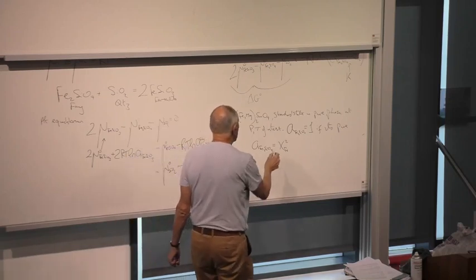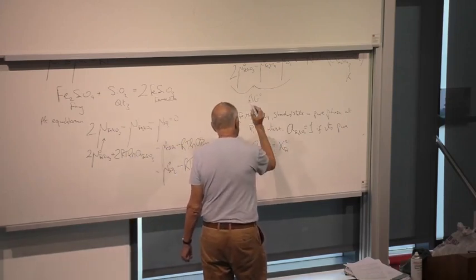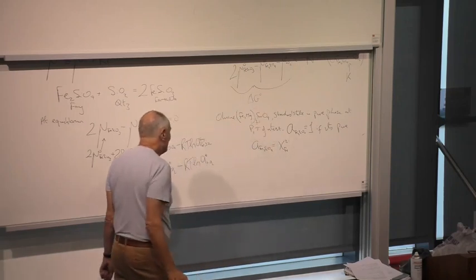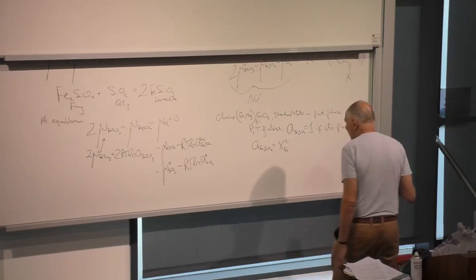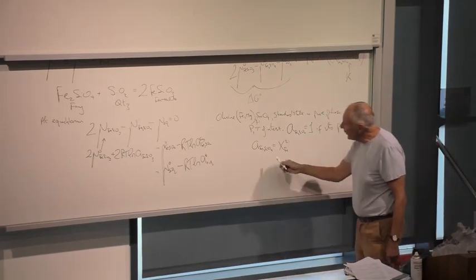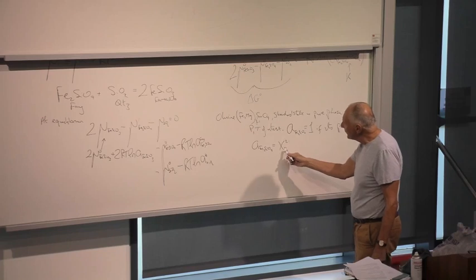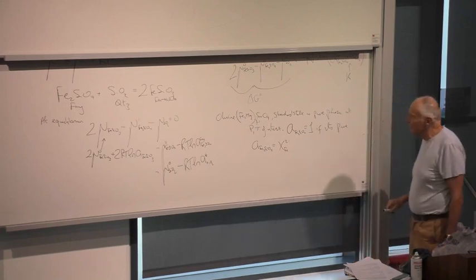And this 2 comes from the fact, as I showed, that there are 2 moles of iron and magnesium in the formula unit. So you get double the amount of entropy, 2 Avogadro's number of sites. Okay? And again, fairly obviously, when X is 1, it's pure fayalite, and a equals 1.